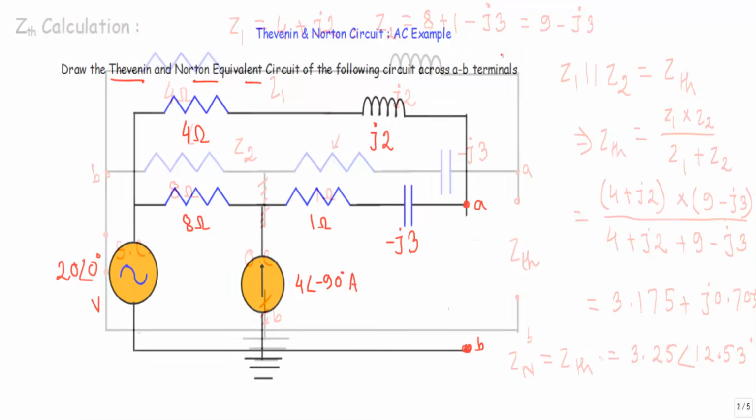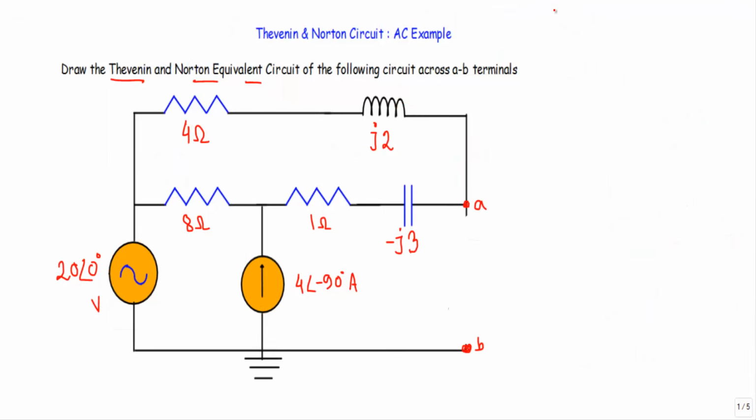Okay, so here our Thevenin impedance ZTH is equal to 3.18 plus J0.705 ohm.